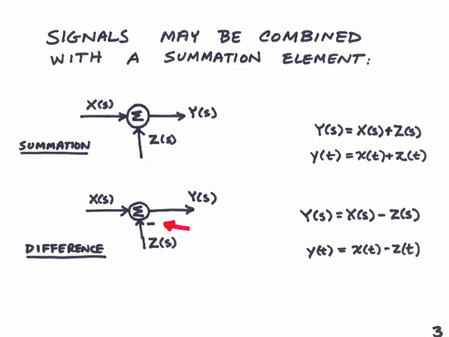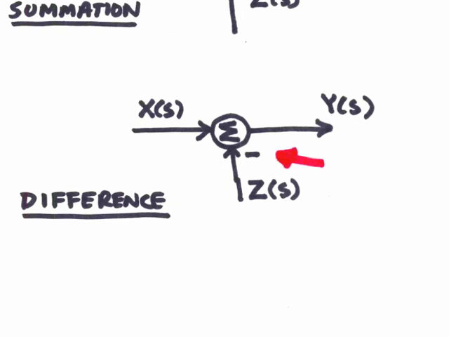The second case of the summation block, shown here, actually takes the difference between the two input signals. So this says Y of S is equal to X of S minus Z of S. You know which way to take the difference by the presence of the minus sign next to the Z of S input.